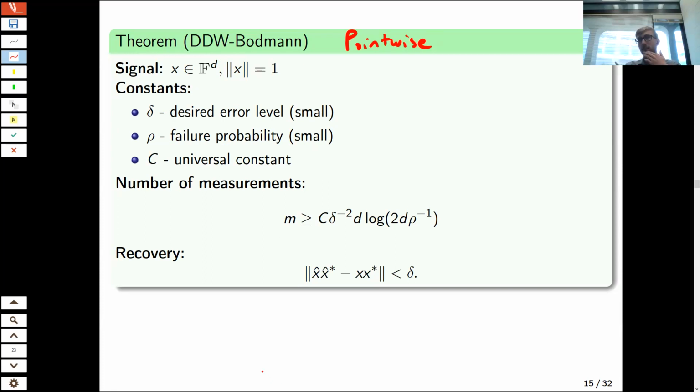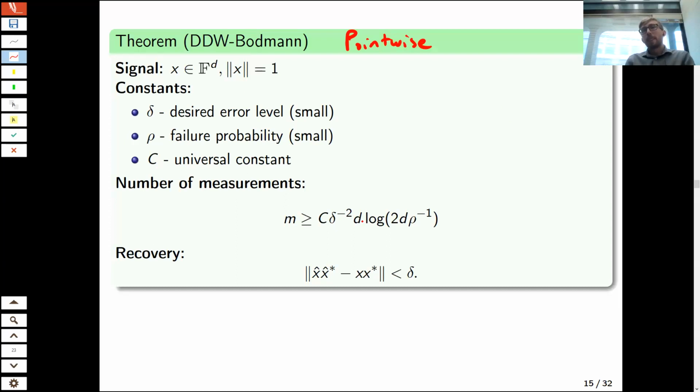Delta is the desired error level that I want. Rho is a failure probability. Both of those we want to be small, right? We want to be accurate, so small error, small delta, and we want to be pretty sure that it's going to work, so small failure probability, and then some universal constant c.